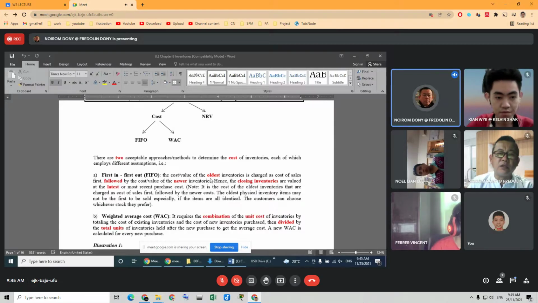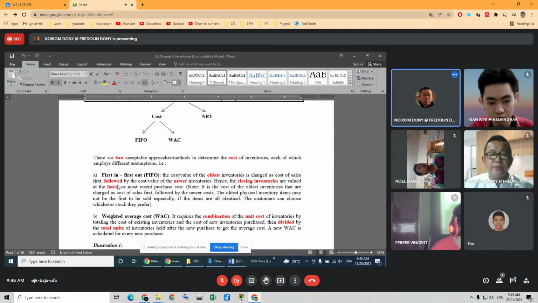The cost or value of the oldest inventory is charged as cost of sales, followed by the cost value of the newer inventory. Hence the closing inventory is valued at the latest or most recent purchase cost. Note, it is the cost of the oldest inventory that is charged as cost of sales first, followed by the newer cost.